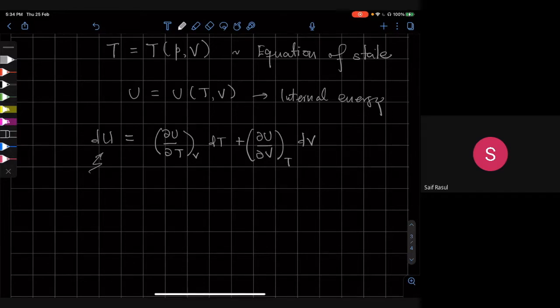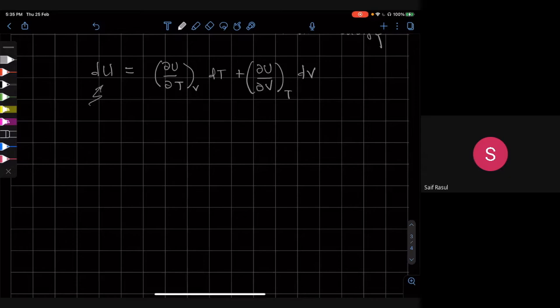If you haven't done too much multivariate calculus, we can visualize this in the following way.